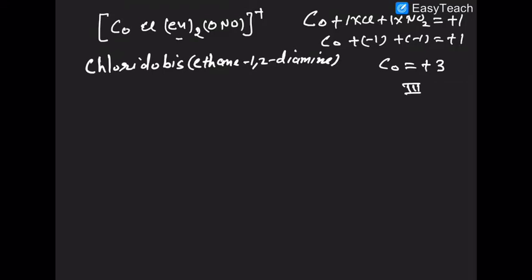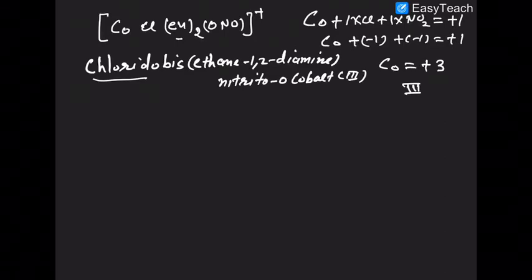Now look here in this name, no double m is there, diamine. Nitrito-O, cobalt(III) ion. So it is chloridobis(ethane-1,2-diamine)nitrito-O cobalt(III) ion, because it is given that oxygen is forming the bond with the cobalt here.